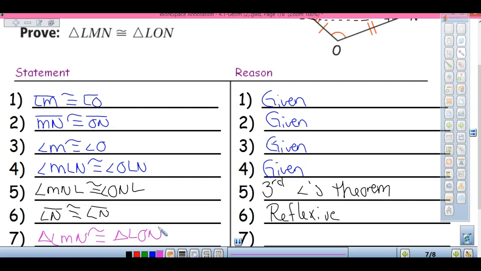Do we have all three sides? So if everything is congruent to everything, that is the definition of congruence. Okay, because we talked about that. If all the angles are congruent and all the sides are congruent, that's my definition of congruence.